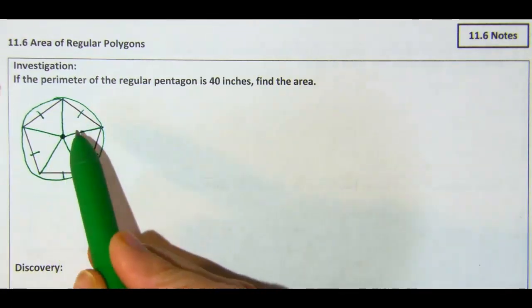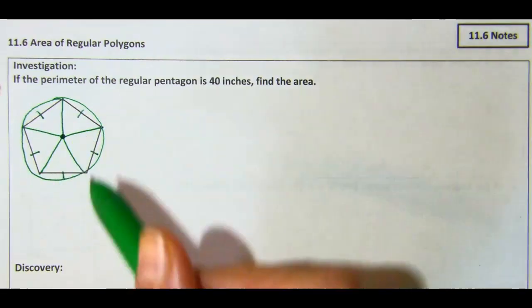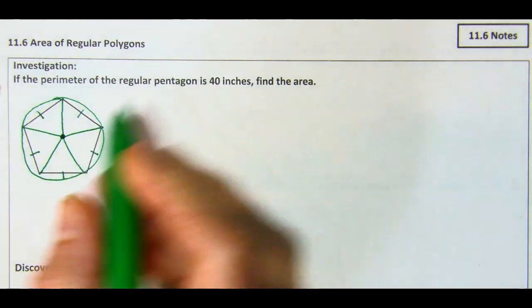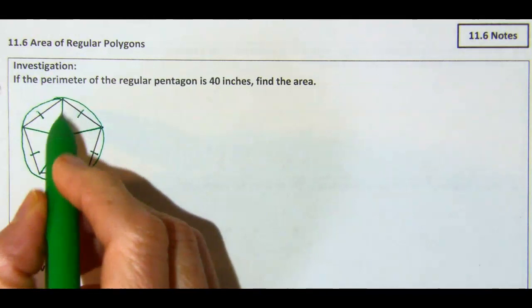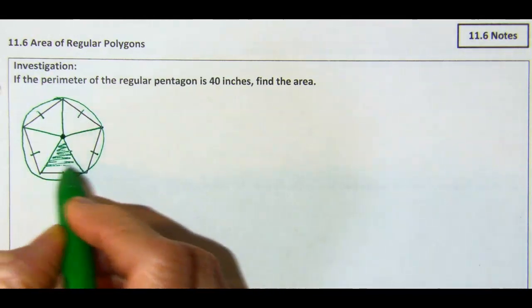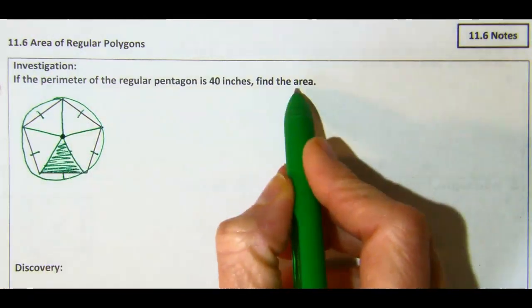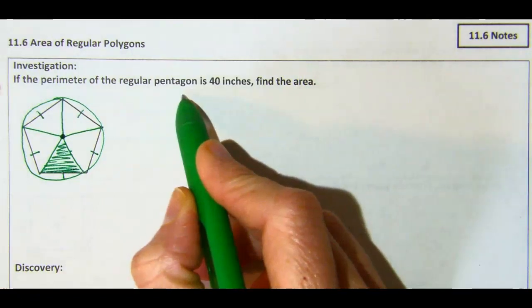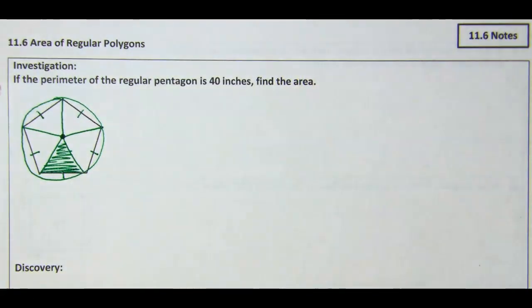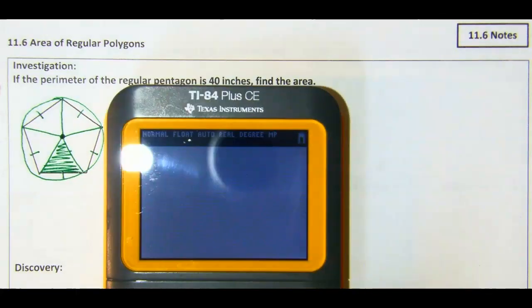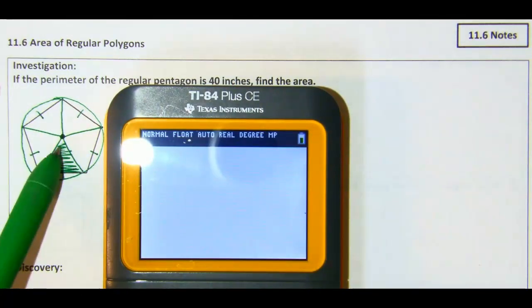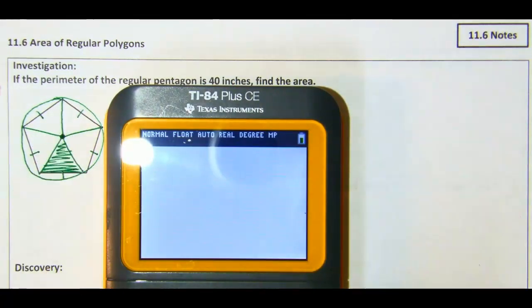So now, the next thing we have to know is what is going on with these triangles. If I can find the area of one triangle, then I can find the area of the entire pentagon. So the first key piece of information you need to know here is what degree each of these angles is.